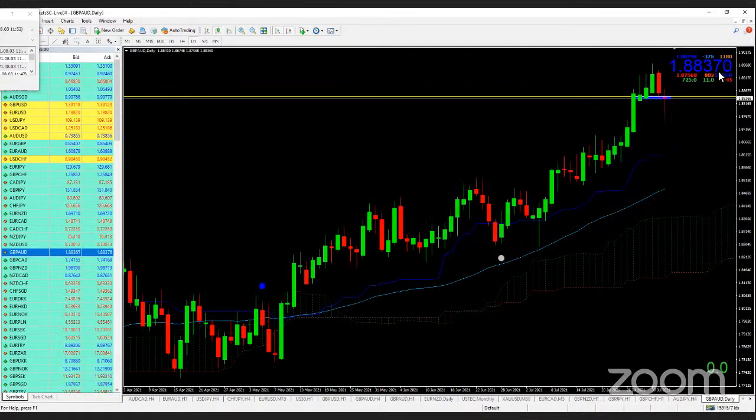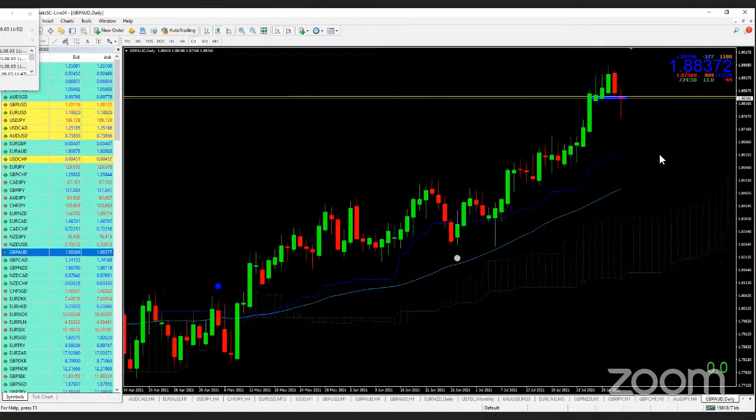Again, it's been very bullish. This is the daily time frame again. There's no sign of it relenting just yet. So we want to be sure, before we get in for a sell, that it's going to be pulling back.